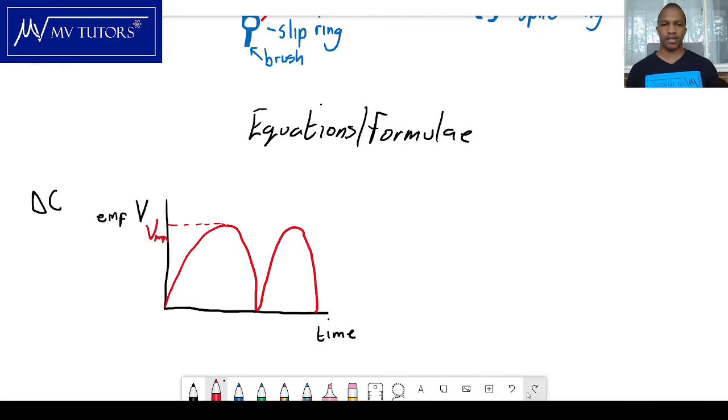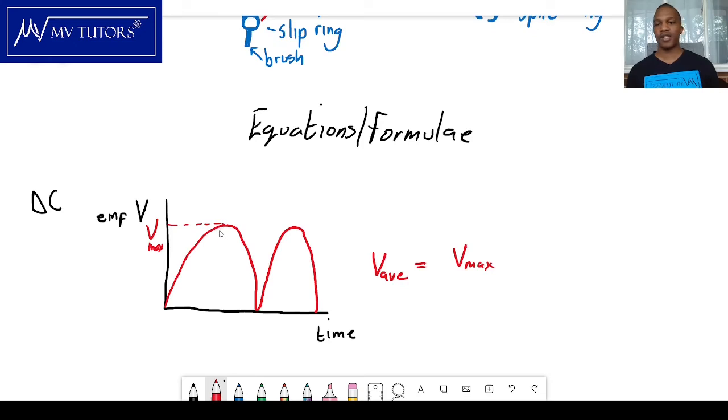So that's the maximum voltage. The formula you need for this is the average voltage, which equals Vmax divided by 2. Remember, when we're talking about average, you take two variables and divide by 2; if you take 3, you divide by 3.